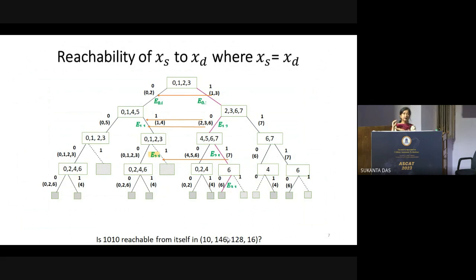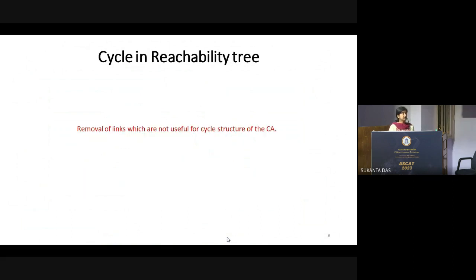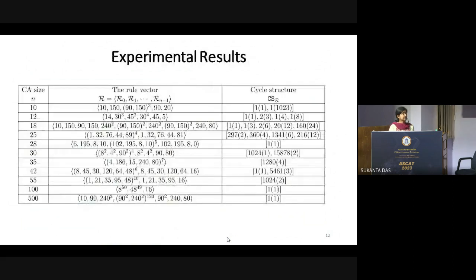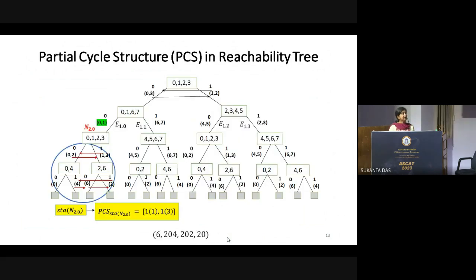For irreversible CAs, using this technique, we can show you some of the results. But this is a special case, not for any arbitrary CA. Again, I am repeating. And for reversible CA, I have to mention one thing, sir: if the CA consists of rule 150, my scheme will not work.